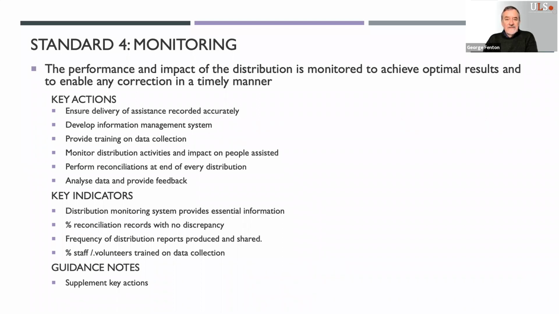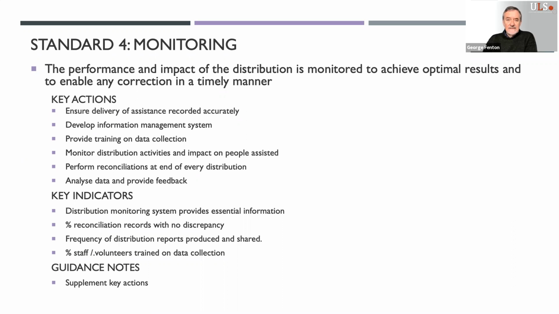Again, monitor both distribution activities and the impact of the distribution on the people being assisted, and perform reconciliations at the end of every distribution consistently and in a timely manner, and regularly analyze data and provide feedback on quality, efficiency, and impact to improve future planning.